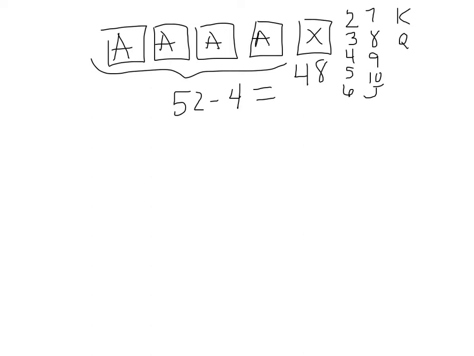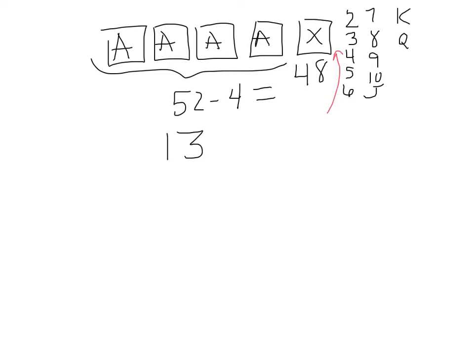So there are 48 different cards with 4 aces, substituting in all those different possibilities I just listed. We can imagine that there would be 48 different hands for 4 kings, 48 different hands for 4 jacks, 48 different hands for 4 fives, and so on. So there are 13 different ways to have 4 of a kind: 4 aces, 4 kings, 4 queens, 4 jacks, 4 tens, whatever.